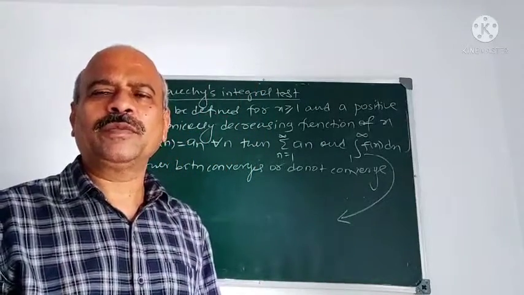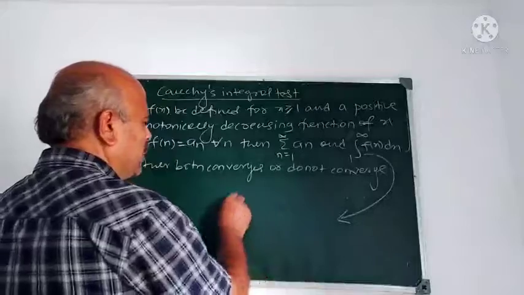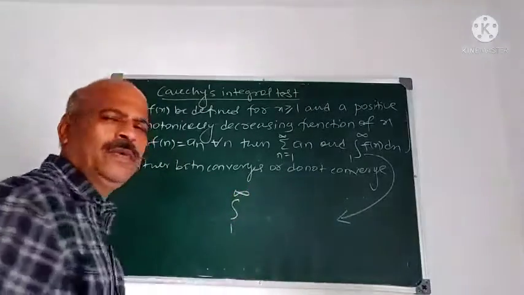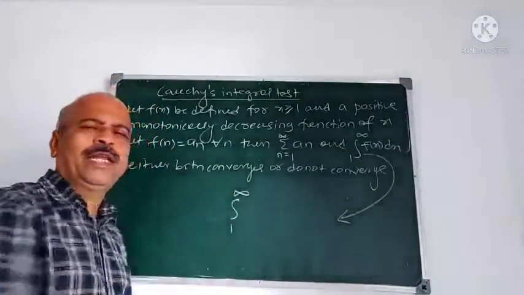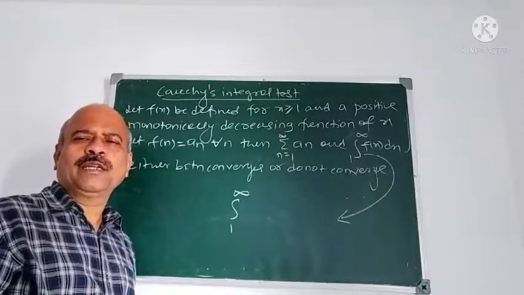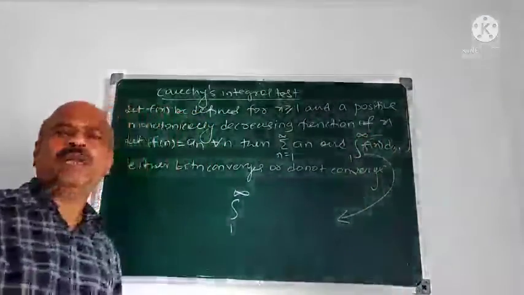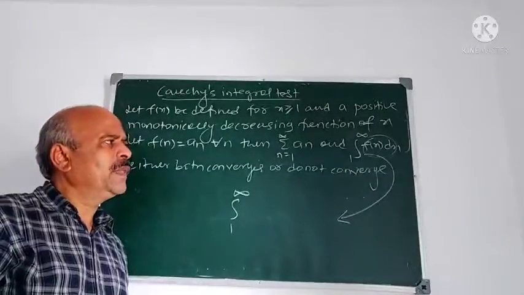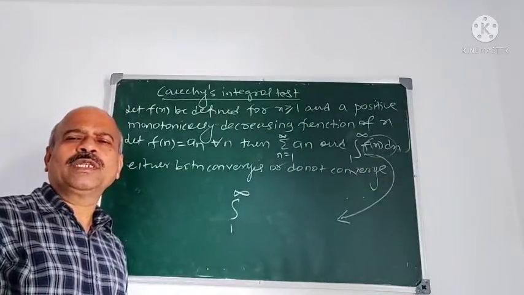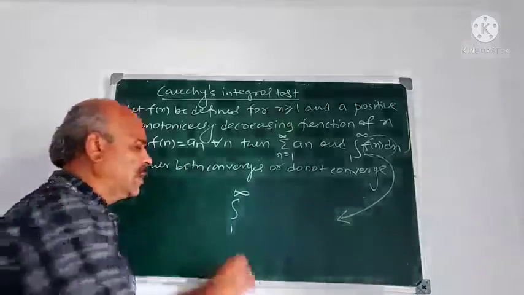Improper integrals means here 1 to infinity. If one of the limits is infinite, or both the limits are infinite, or the function f(x) is unbounded, then the integral a to b f(x) dx is called improper.